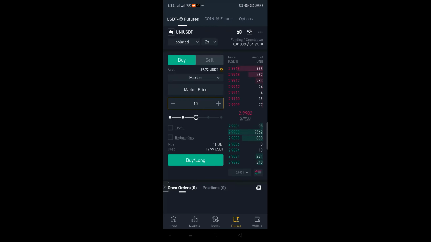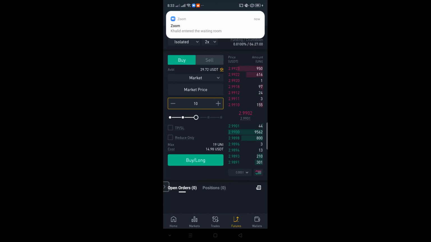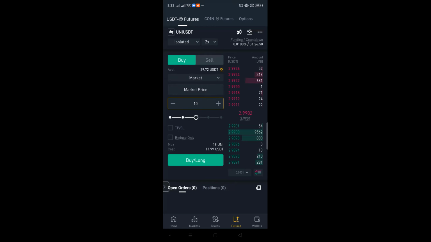You are not advised to use as much as this percentage because I'm using 50%. And at 50%, it means that I can only take 2 trades alone.